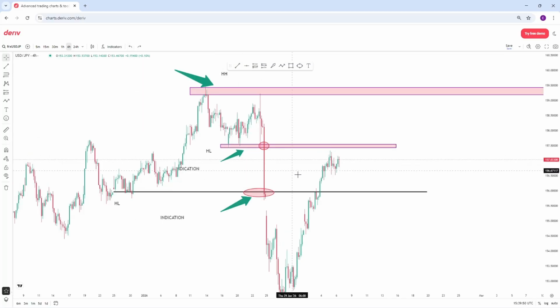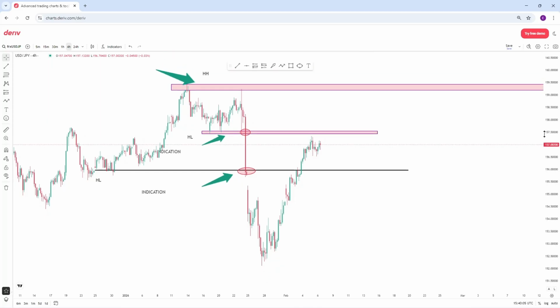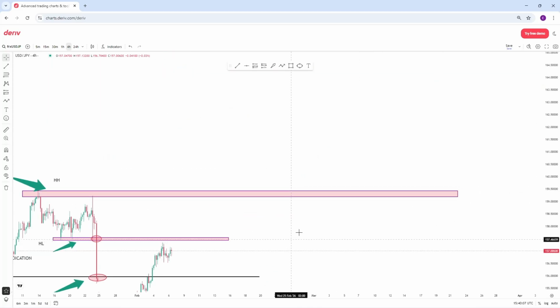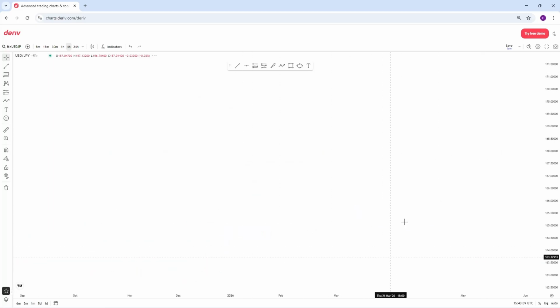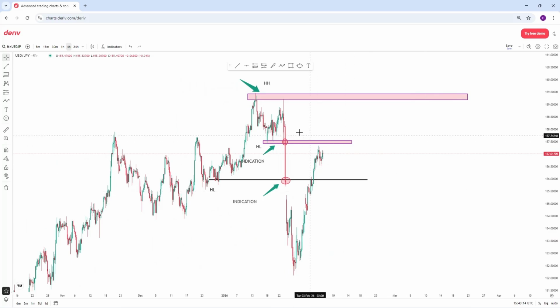So what do we do? We wait for the market to give us an indication. What happens after an indication? A correction, which we'll be looking at in the next video, but right now you just have to know what an indication is. Just have to know this indication to the downside.